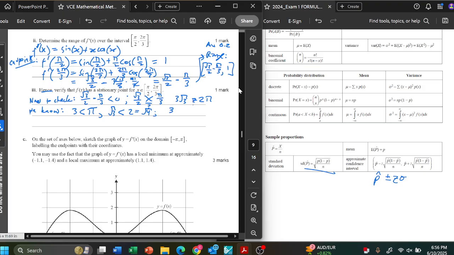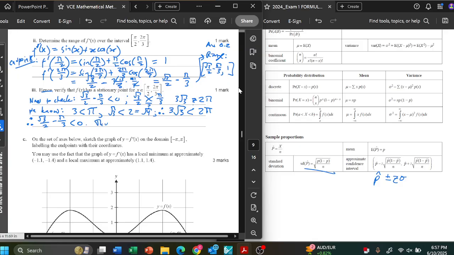So therefore, putting these two things together, it must be the case. So this was a question mark, it's not equal. It must be the case that 3 times root 3 must be less than 2 times pi. And if that's true, then it is also true that root 3 on 2 minus pi on 3 must be less than 0.